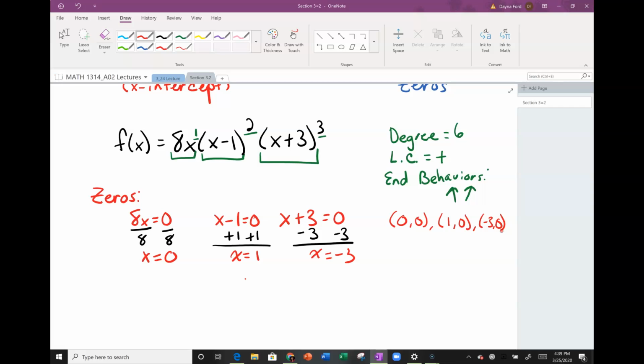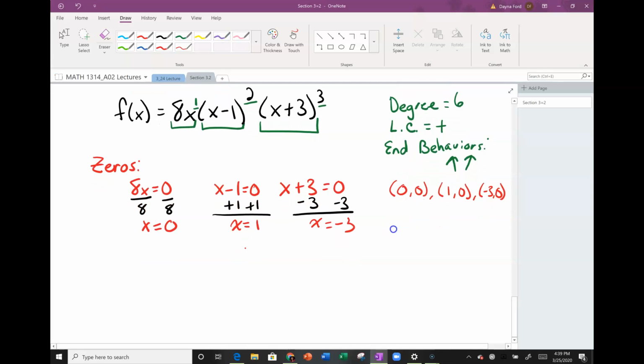So whenever we're looking at a polynomial and wanting to graph it, one of the things is we have to look at the degree and the leading coefficient. Those two things are used to help us determine the end behaviors. Then we have to look at those zeros. And for each of those zeros, we also have to identify the multiplicity.